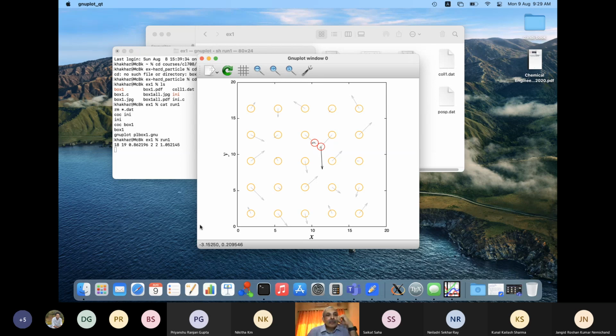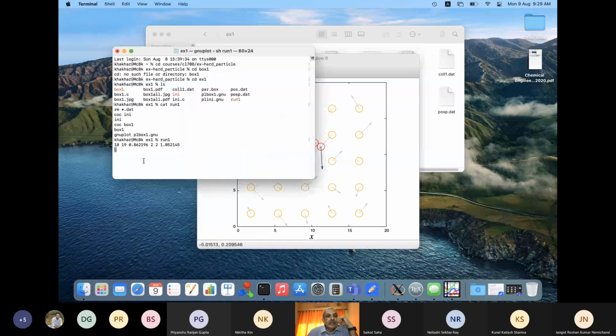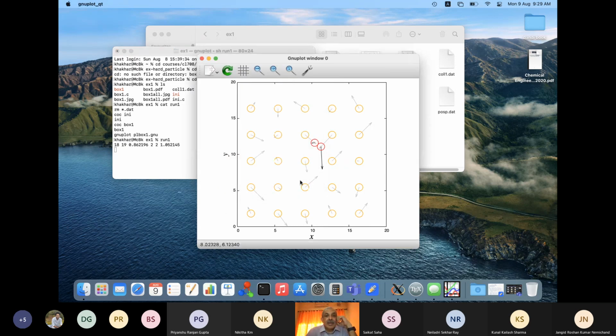And then when we do this, we see that particles 18 and 19 will collide, and the time for the collision is 0.86 seconds, or 0.86 dimensionless units. And here are the two particles.